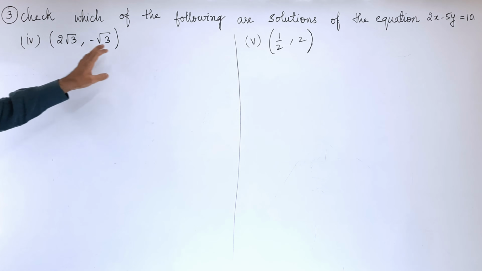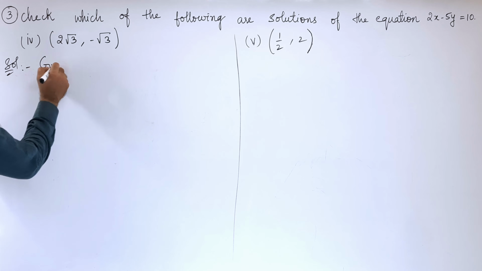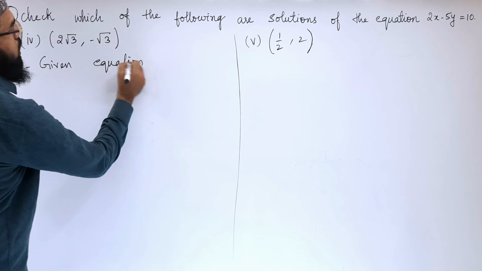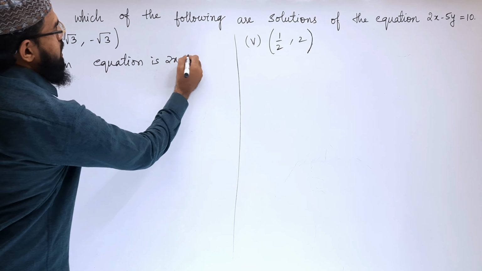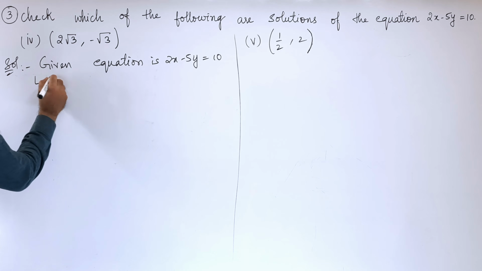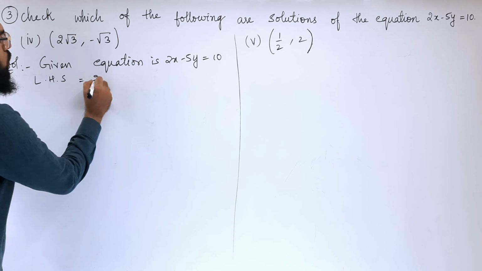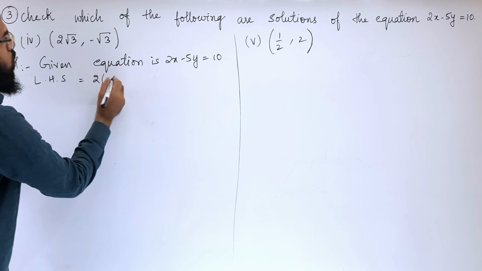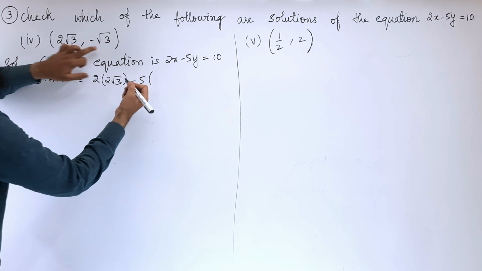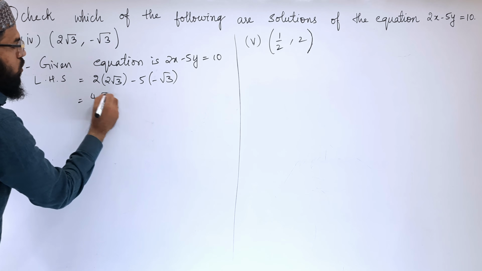Fourth bit, (2 root 3, minus root 3). So let us write in solution the given equation, 2x minus 5y is equal to 10. So in LHS, let us substitute. LHS is 2x minus 5y. So what is x? x is 2 root 3. So 2 into 2 root 3 minus 5y, y is minus root 3. So 2 2s are 4, 4 root 3.